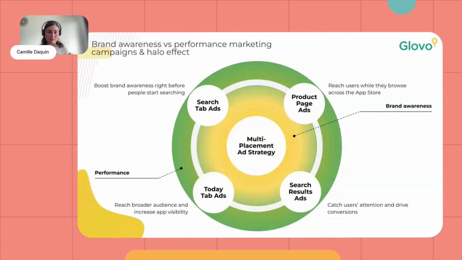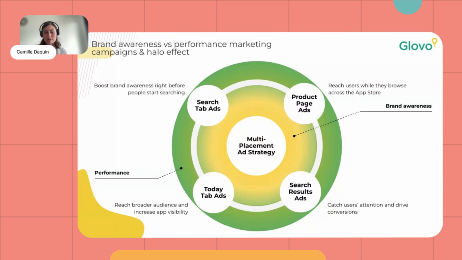For example, Today tab, which you will see on the bottom left, can be a great playground for new releases of products, services, and seasonal promotions. So you can test some custom product pages there to capture attention. And then you also have on the right the search results. This will help to target users who are actively looking for new downloads, so they are looking for something very specific.